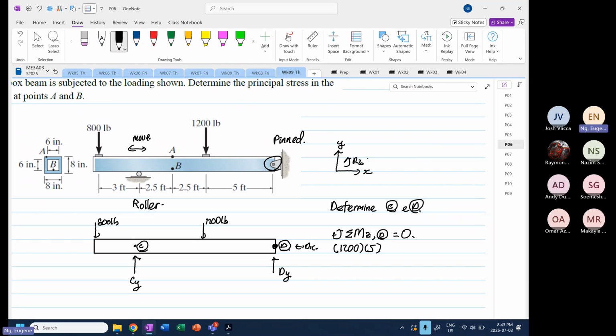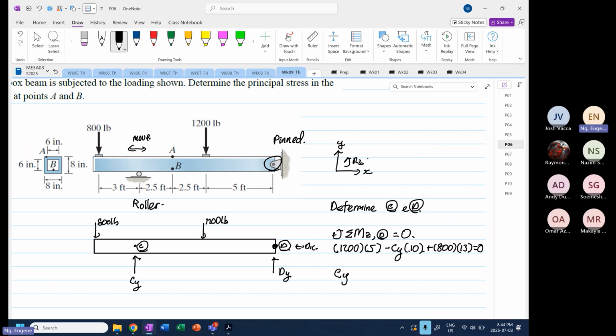CY is going clockwise, so minus CY. The total distance is 10, right? And then 800 is going anti-clockwise, plus 800 multiplied by a total distance of 13. The whole thing is equal to 0.